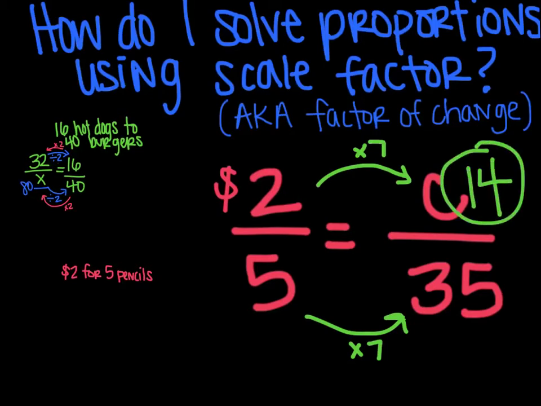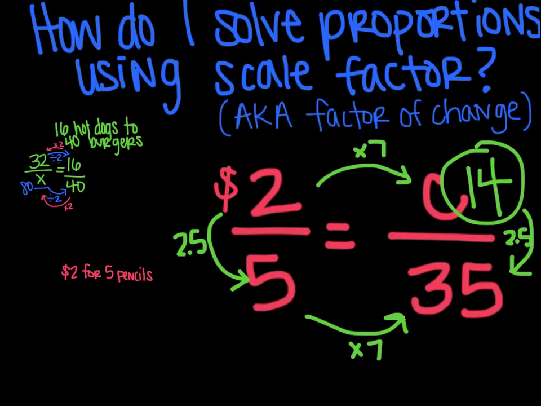Just want to point out scaling vertically also, so please put this on your paper as well. You can go up and down as well vertically. So 2 times what is 5? And we know that is 2.5. So then what number multiplied by 2.5 will give you 35?